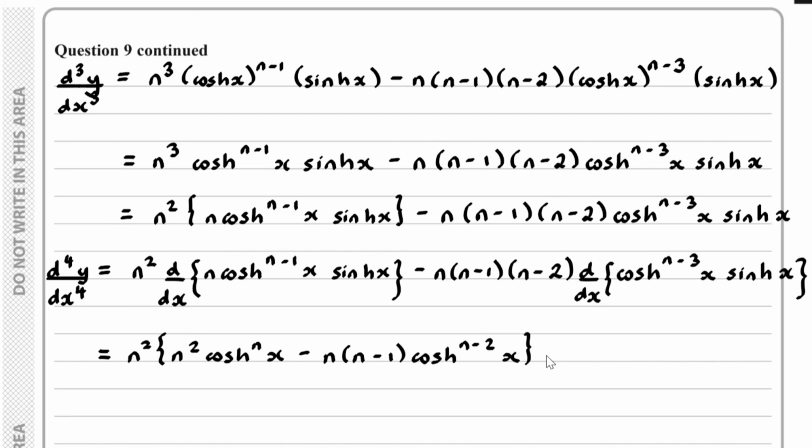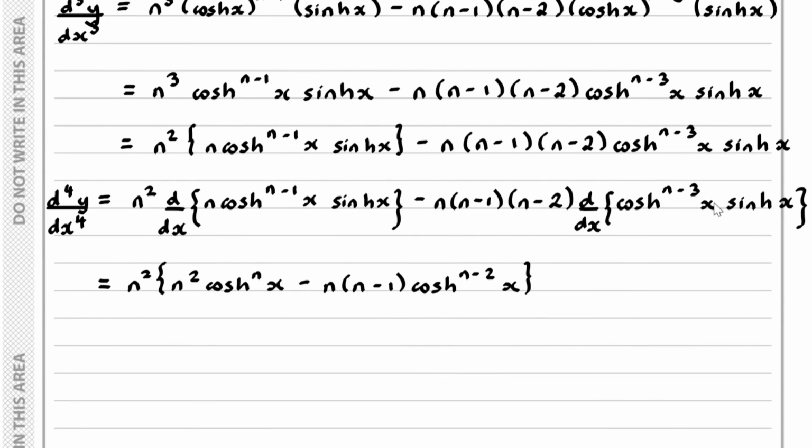And then I have the derivative of this, which I need to work out. So I subtract from this n times n minus 1 times n minus 2. But then what I need to do is differentiate this result here. And I need to differentiate with respect to x using the product rule. So what I'm going to do is rewrite this.